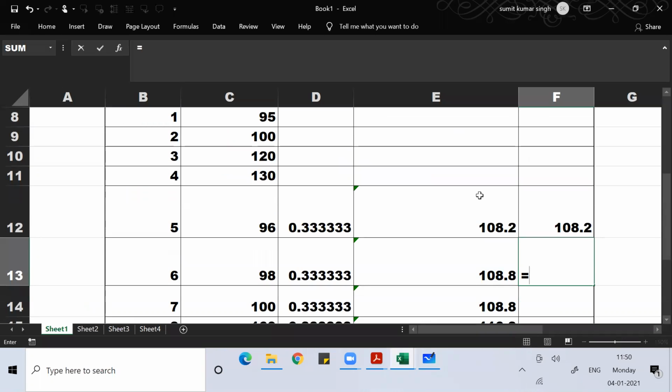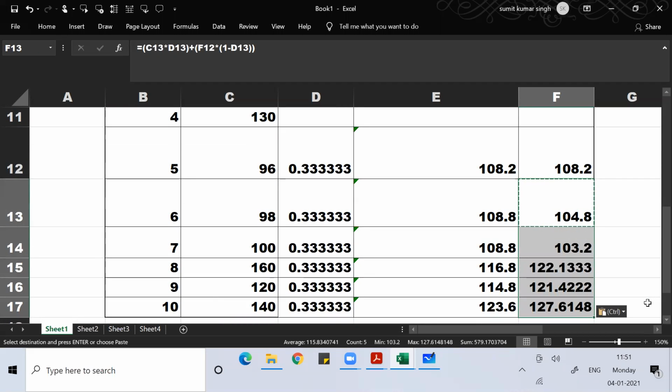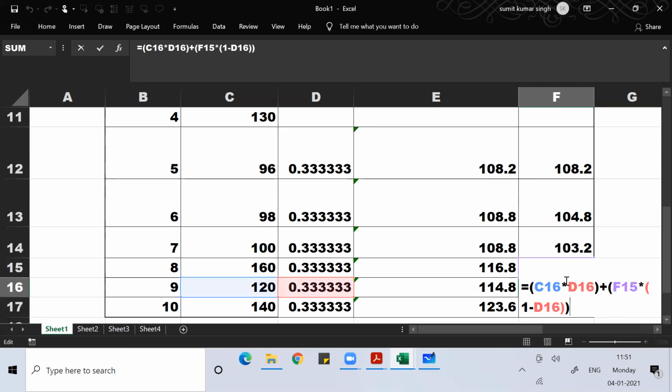Then for the next day you can use the formula: today's closing price into smoothing constant plus yesterday's exponential moving average into 1 minus smoothing constant. You can determine this for all the days later on.